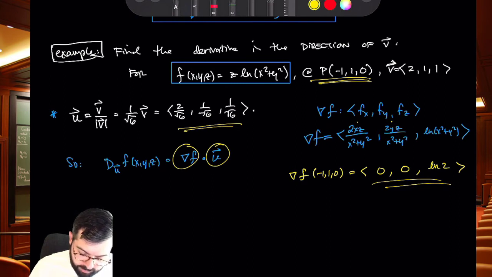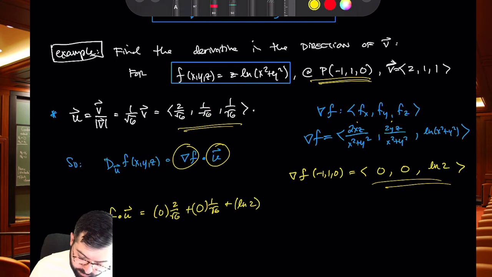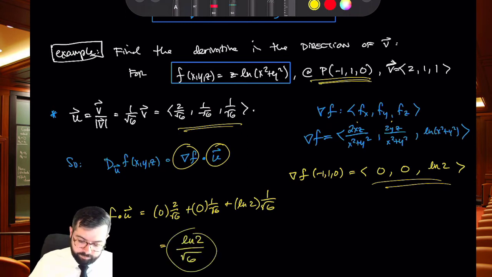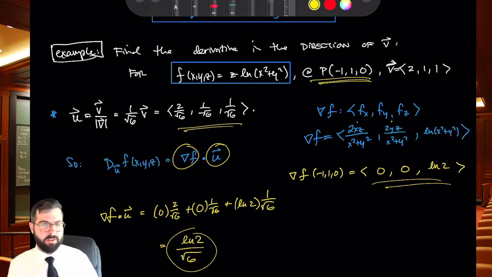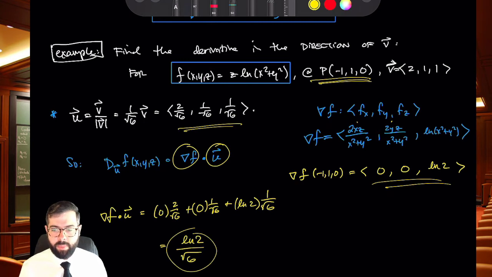We get 0 times 2 over radical 6 plus 0 times 1 over radical 6 plus ln 2 times 1 over radical 6. So we should just get ln 2 over radical 6. Again, it's a scalar quantity because it was a dot product. It's telling you a rate of change, the directional derivative.